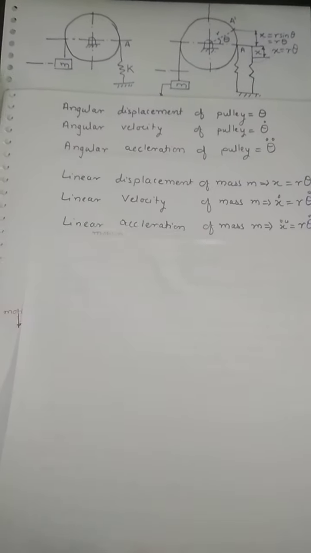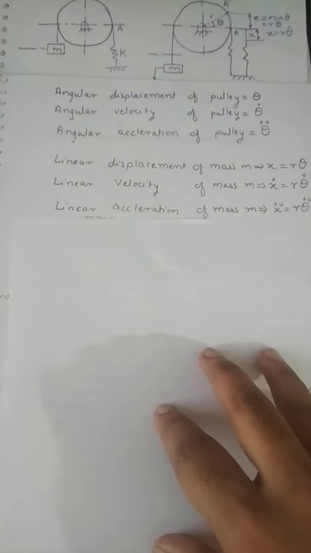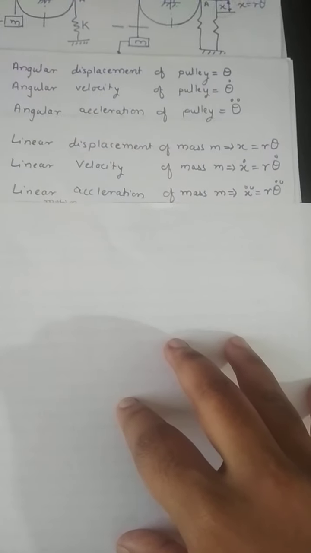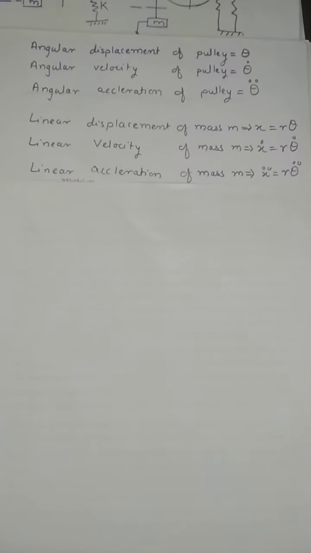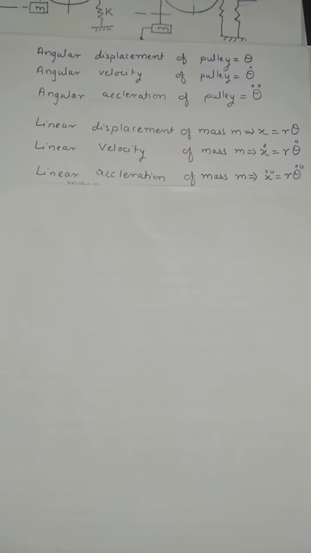Similarly, we can go for the corresponding linear displacement of small m, which is equal to x. And that x is equal to r theta. We have already seen here, x is equal to r theta. So the linear velocity of small m mass is x dot, and that will be equal to r theta dot.